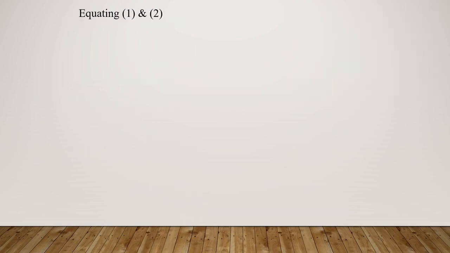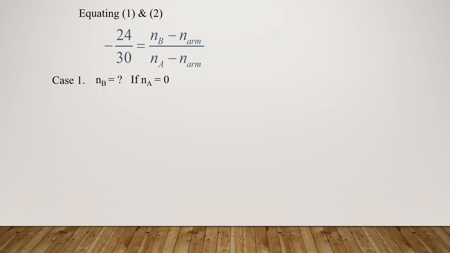Now equation 1 and equation 2, we will equate them. So minus 24 by 30 equals NB minus NR divided by NA minus NR. We will solve the cases one by one. Case 1: what is case 1? We have to find the speed of B when gear A is fixed.